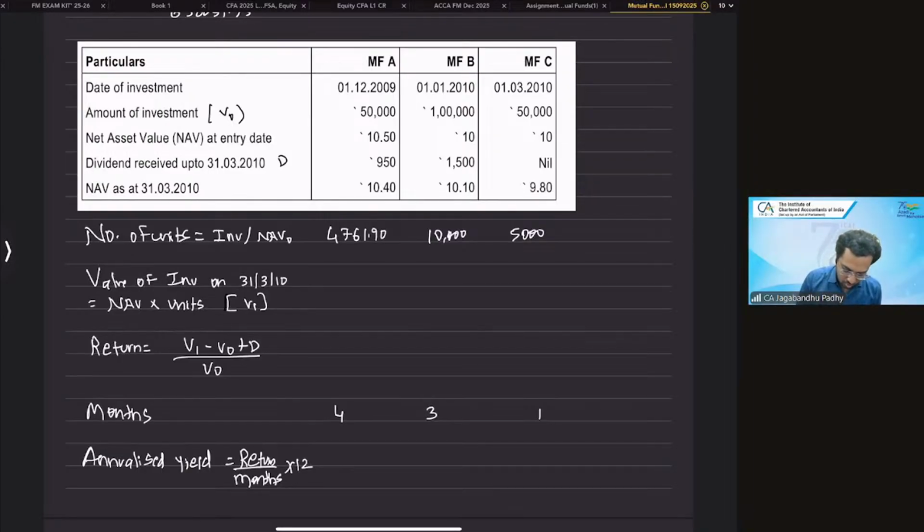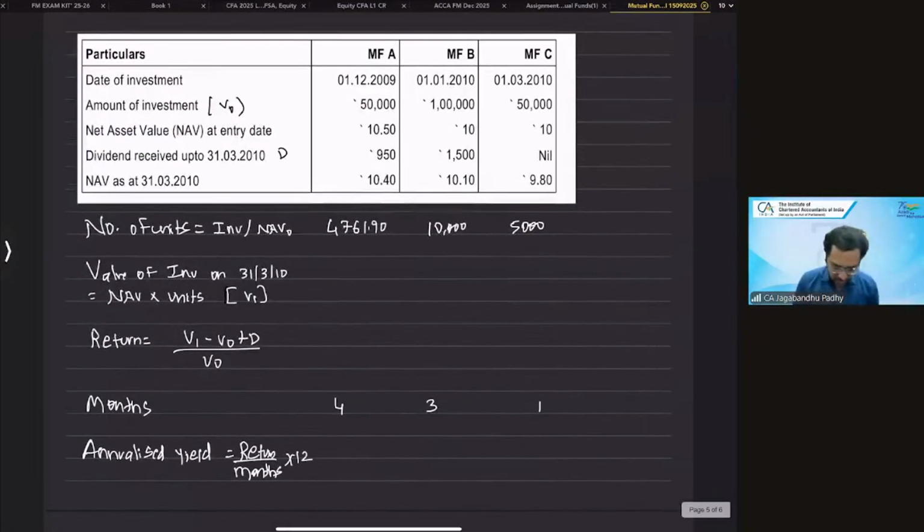So now the value of investment as on the ending date will be NAV as on ending date into the number of units. That should be 49,524. Then 1,01,000. And then this is 49,000.